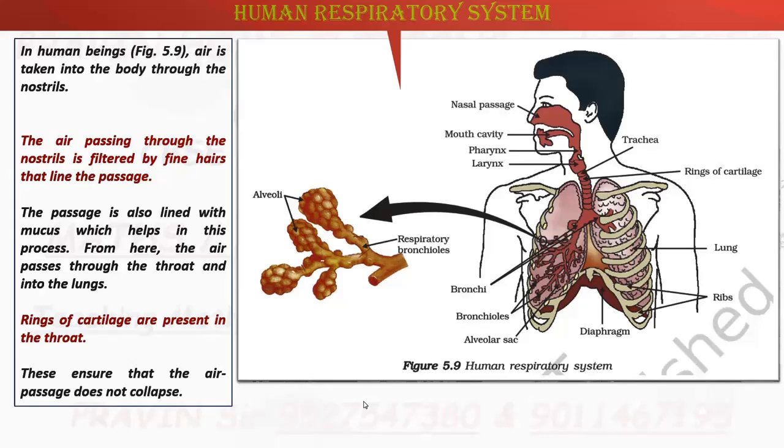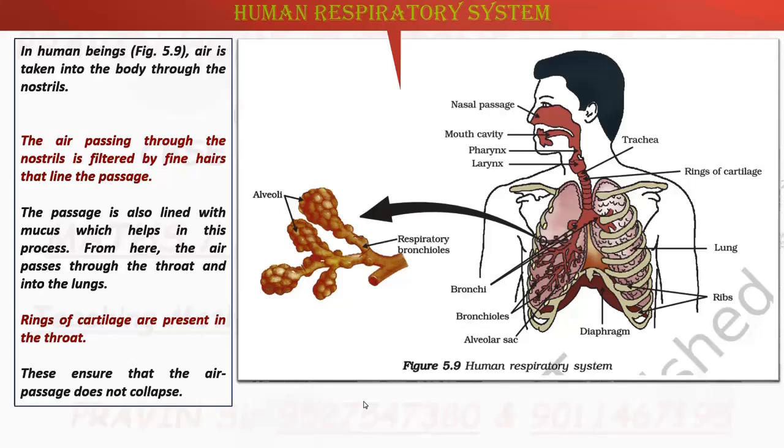Each bronchus is further divided into finer channels known as bronchioles. The next part is the alveoli. The bronchioles terminate in balloon-like structures known as alveoli, where the air is stored. The air which you have taken inside will be stored in the alveoli.